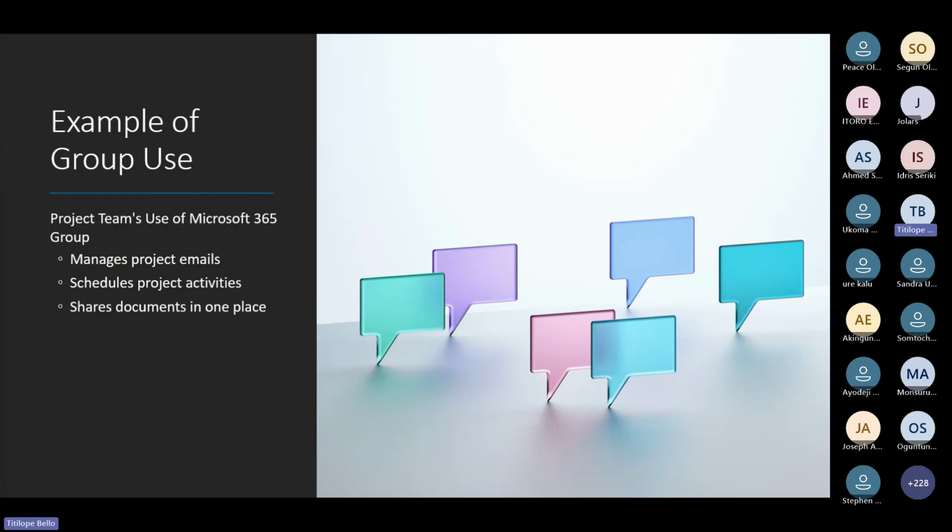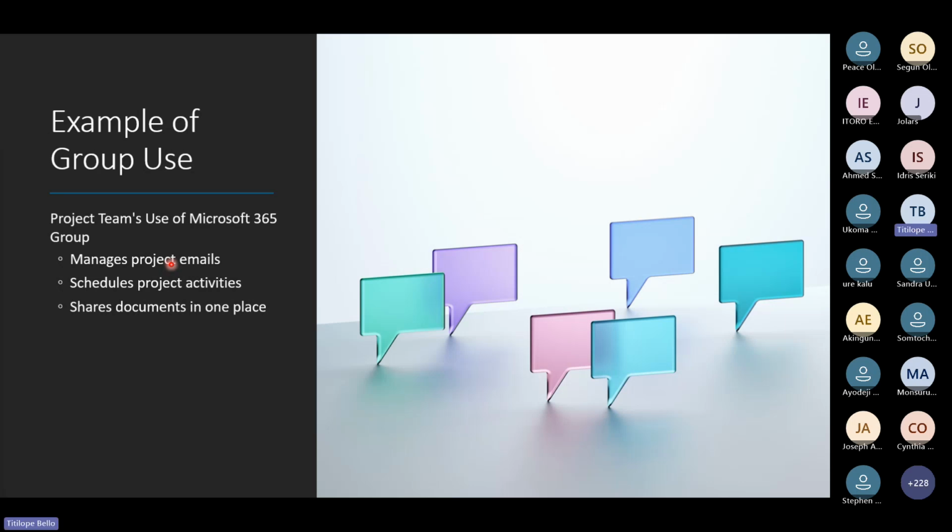Let's see again the example use cases for a Microsoft 365 group. We have a situation where you have projects. Like I said earlier, an IT team has a project to deploy Microsoft 365 for a customer.